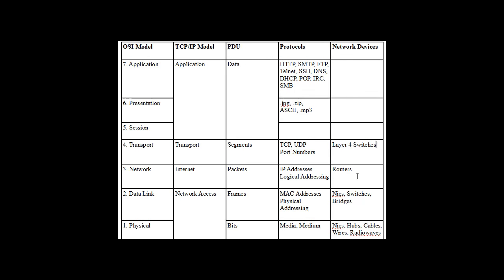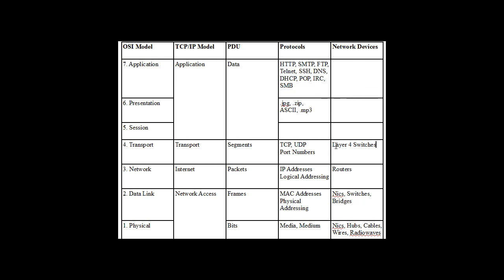A firewall is a router that can read layer 4 data and also data happening at higher levels, all the way up to layer 7. So a firewall can filter packets based on viruses and certain other things that happen at higher levels.